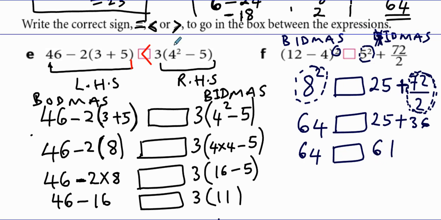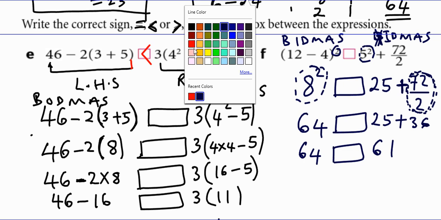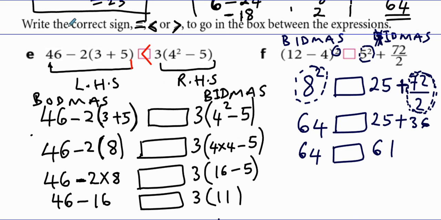Now I'm trying to draw the conclusion using the symbols, which say write the correct side. Now will you say that 64 equals 61? The answer is no, you can't say that. Will you say 64 is less than 61? No, you can't say that.